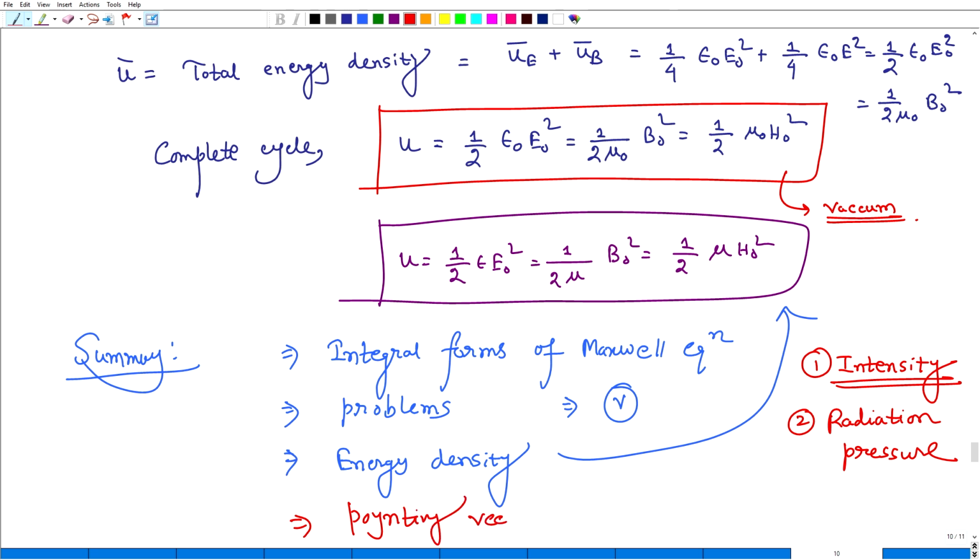The Poynting vector, which is S equals E cross H, or we can write 1 by mu naught E cross B for free space. This is the Poynting vector which essentially gives the direction of propagation. In the next lecture we will discuss the intensity and radiation pressure, and also solve some extra problems as well.